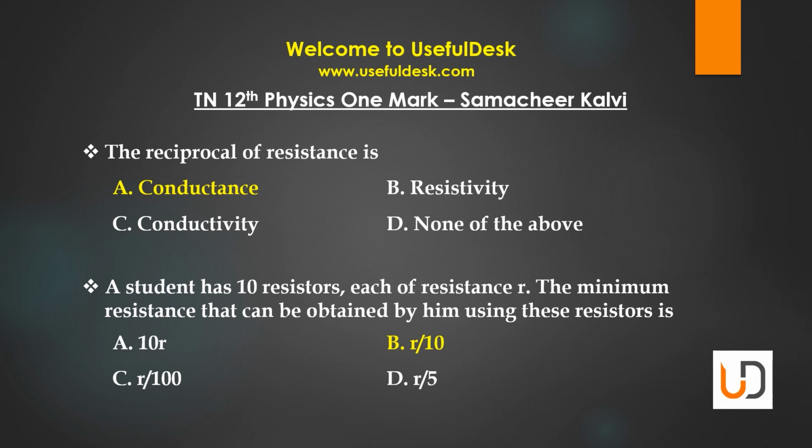The next question is, a student has 10 resistors, each of resistance R. The minimum resistance that can be obtained by him using these resistors is. The options are 10R, R by 10, R by 100, R by 5. The correct answer is R by 10.